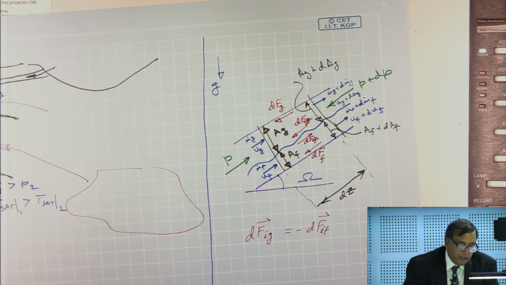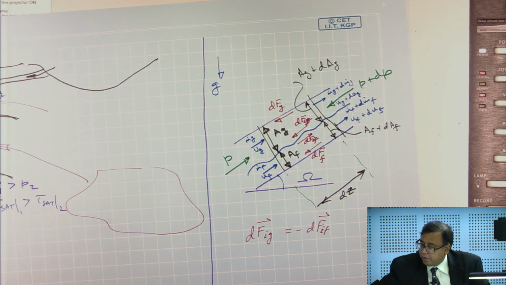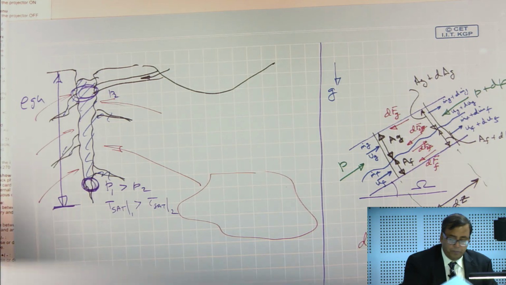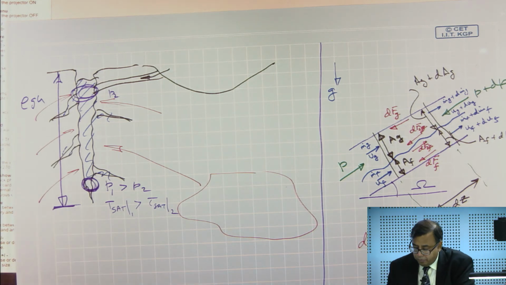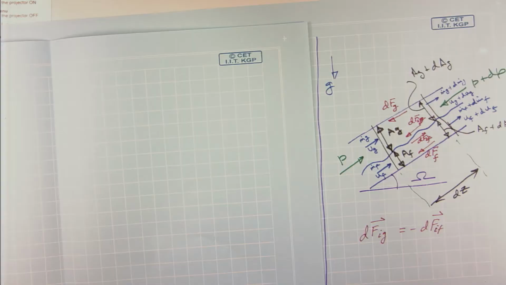So, if I were to write down the equations for this configuration, well, first of all I will have a u_g and a u_f. Okay.